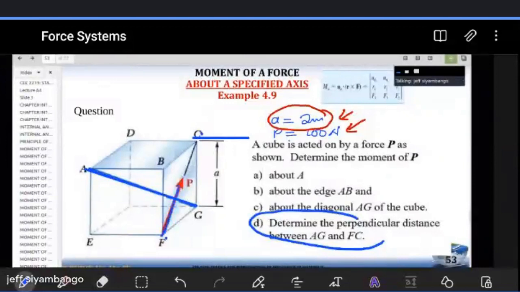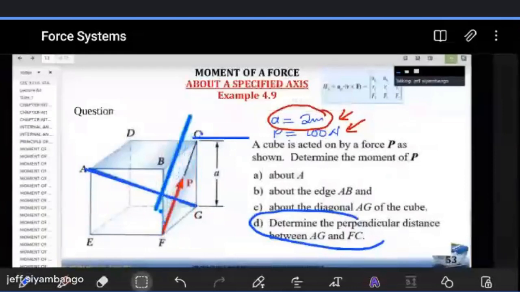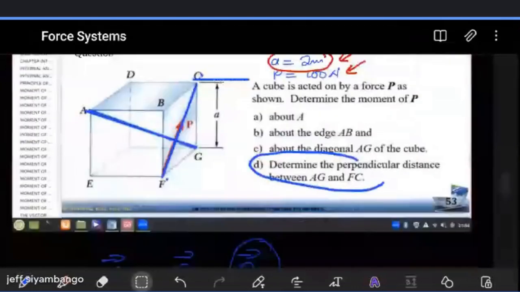So we want to see if they are perpendicular. If they are perpendicular, then that simple approach of force times perpendicular distance will give you the moment. But to see if they are perpendicular or not, we will use the dot product.